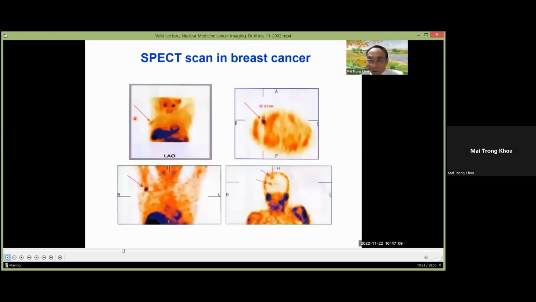And this is a SPECT image with 99mTc MIBI that can help detect a lesion in the right breast, lymph node and brain metastasis, you can see here.